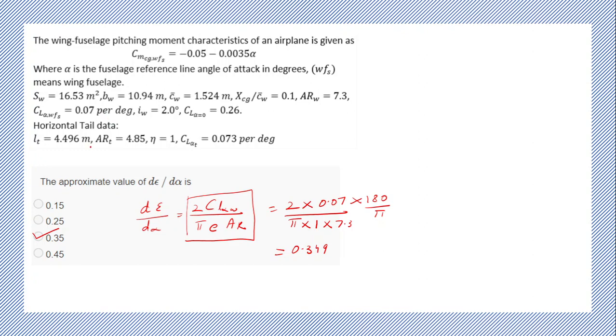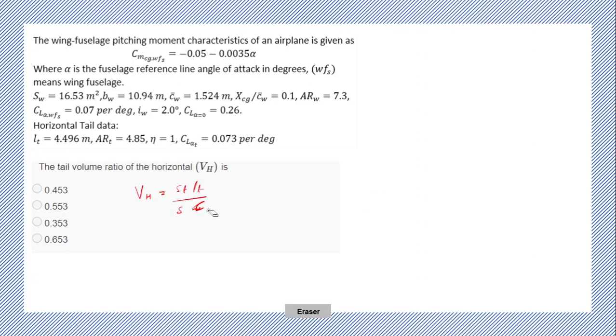So it is 1 upon degree into 1 upon radian. Correct? Okay. So here, let's see. ST.